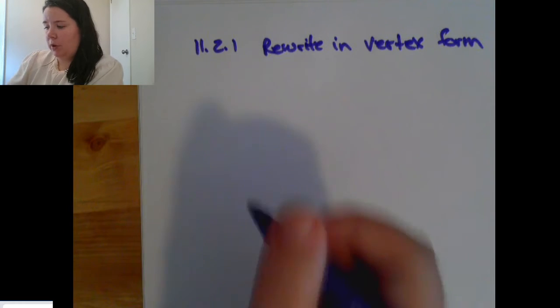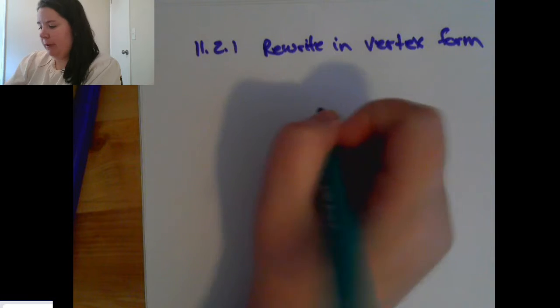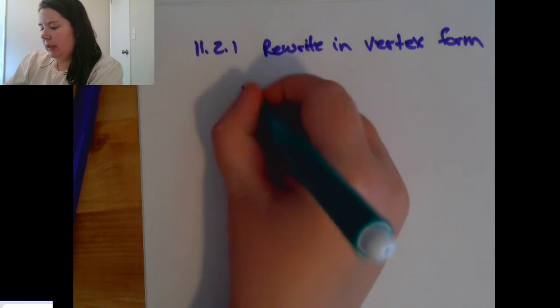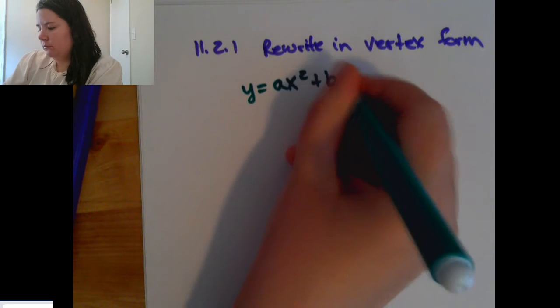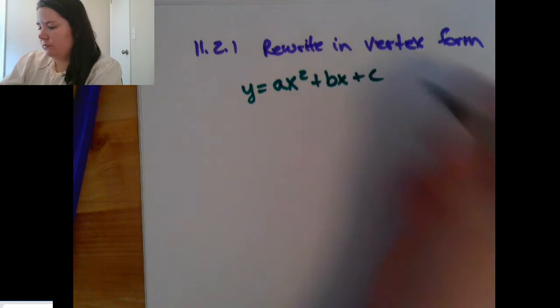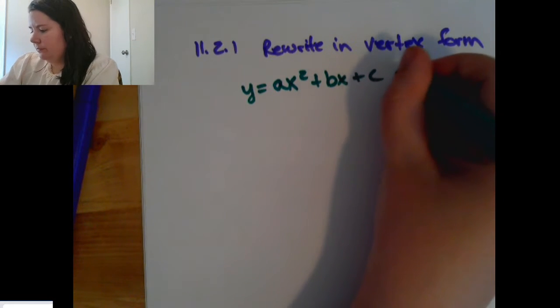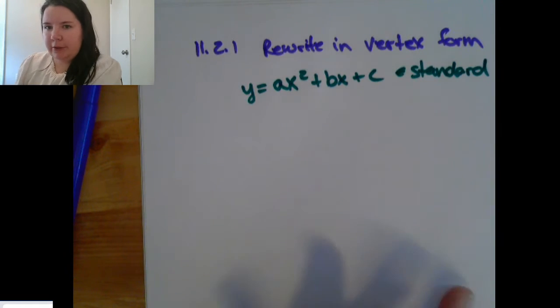Okay, so initially, we just need to know what vertex form is. What you've been working with so far is something that looks like this. This is called standard form.